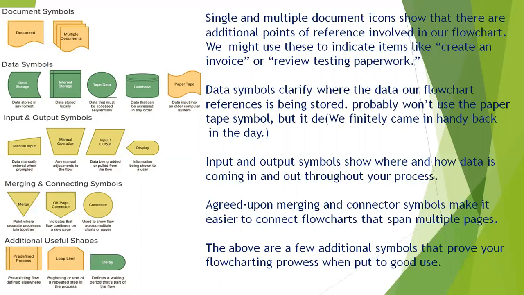Here we see different shapes of symbols for documenting symbols, data symbols, input output symbols, merging and connecting symbols, and additional use shapes. So these are the different shapes and symbols, in addition to the standard symbols, we will be using while drawing the flowchart.